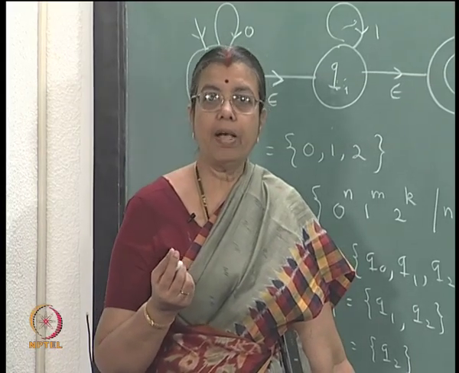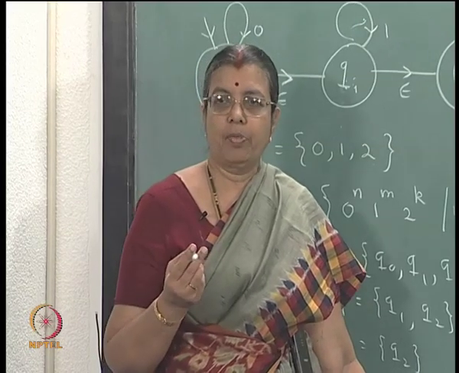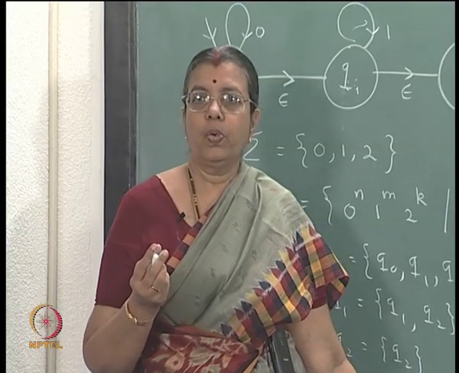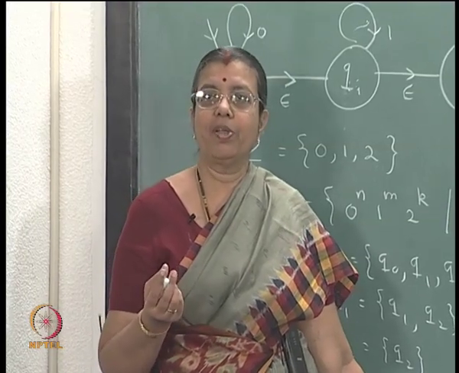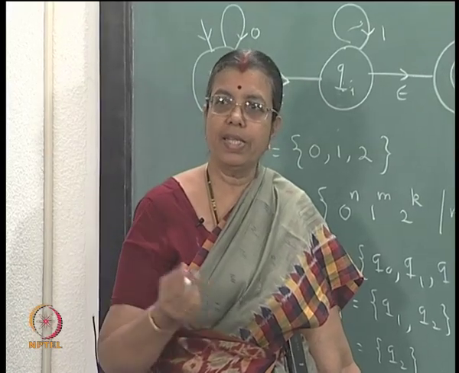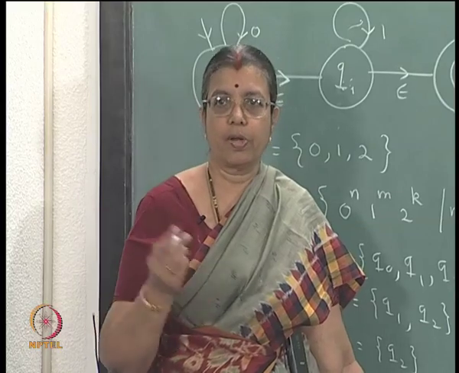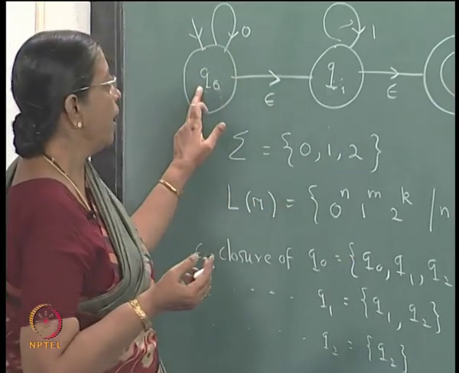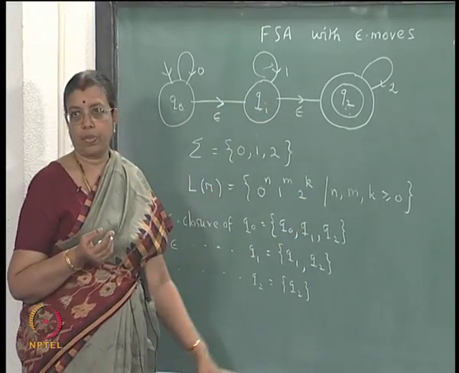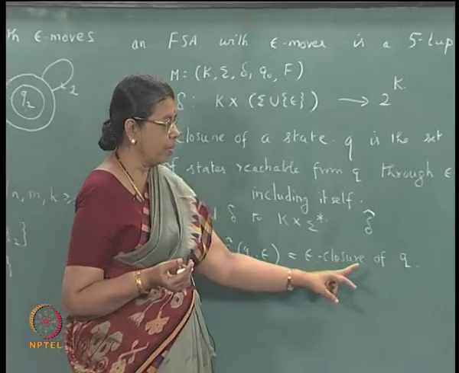But in the case of a finite state automaton with epsilon moves, when you are in a state Q, without reading any symbol you can be in Q or you can go to any one of the states in the epsilon closure of Q, isn't it? Just by epsilon moves alone you can go. Suppose you are in Q naught, without reading any symbol you can go to Q1, you can go to Q2. So, delta cap of Q, epsilon is equal to the epsilon closure of Q.